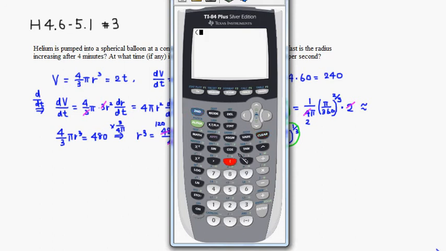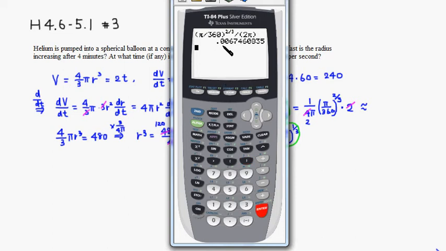Pi over 360, raise it to the 2/3 power, right? And then we need to divide by 2 pi. So that's going to be equal to, so punch that in, right?